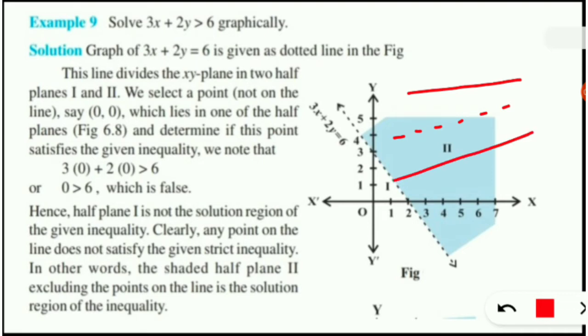So here it is a greater than sign, that's why the line is drawn by dots. That means this is the dotted line present here.